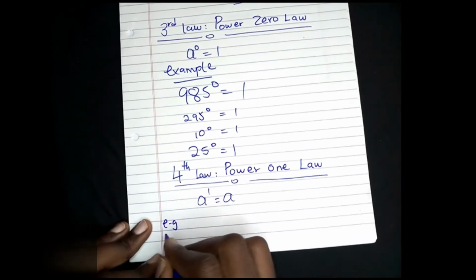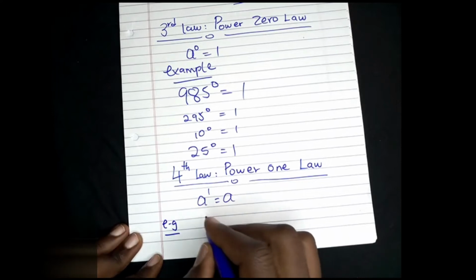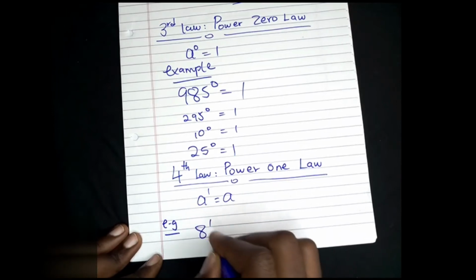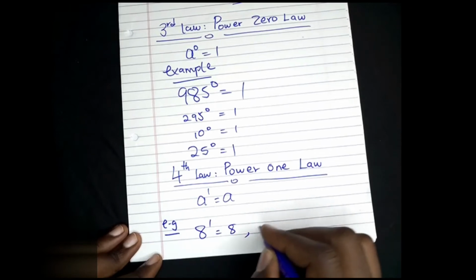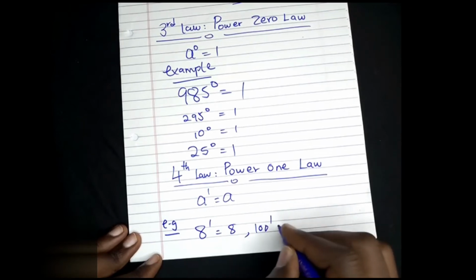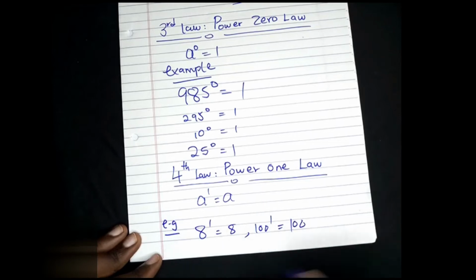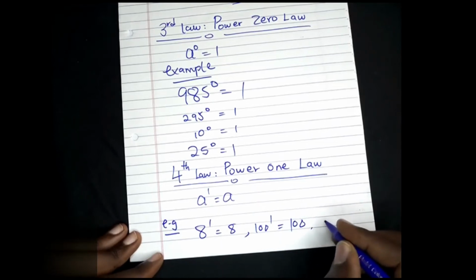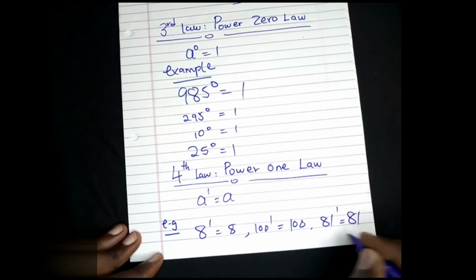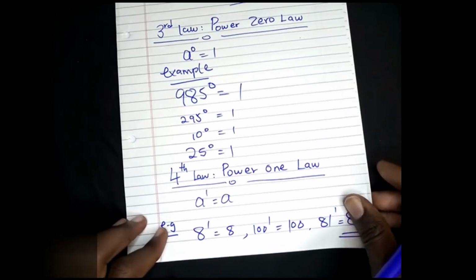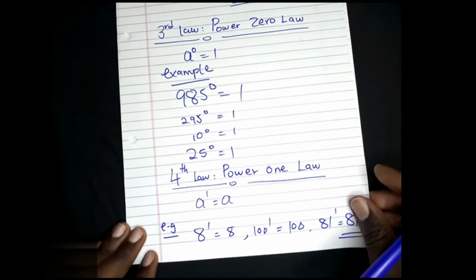Examples: if we have 8 to power 1, the answer is still 8. If we have 100 to power 1, the answer is still 100. If we have 81 to power 1, the answer is still 81. And that covers the fourth law.